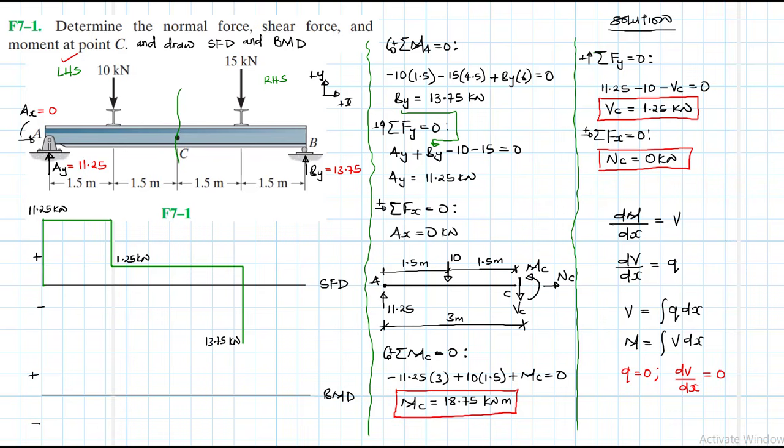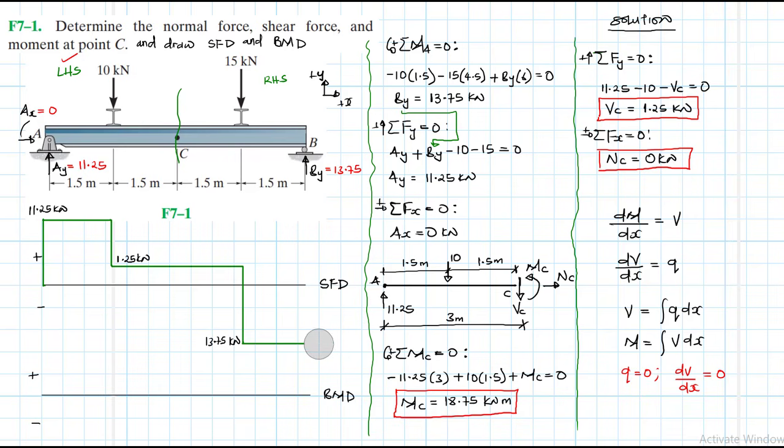Again, between 15 and the end, we don't have anything there, so the slope is going to be 0. It will be 0 up to that far end, and then later on we have this other force, which is the reaction force, and they will interact again. So we have a minus 13.75 and a plus 13.75.